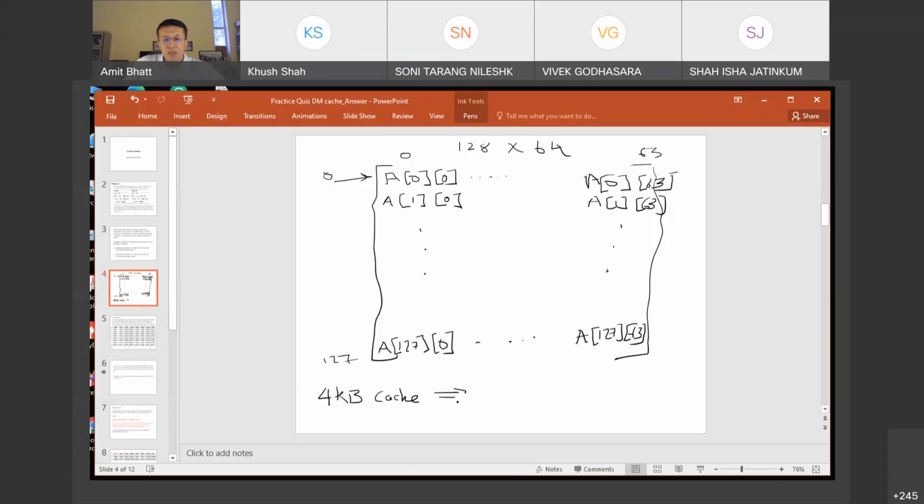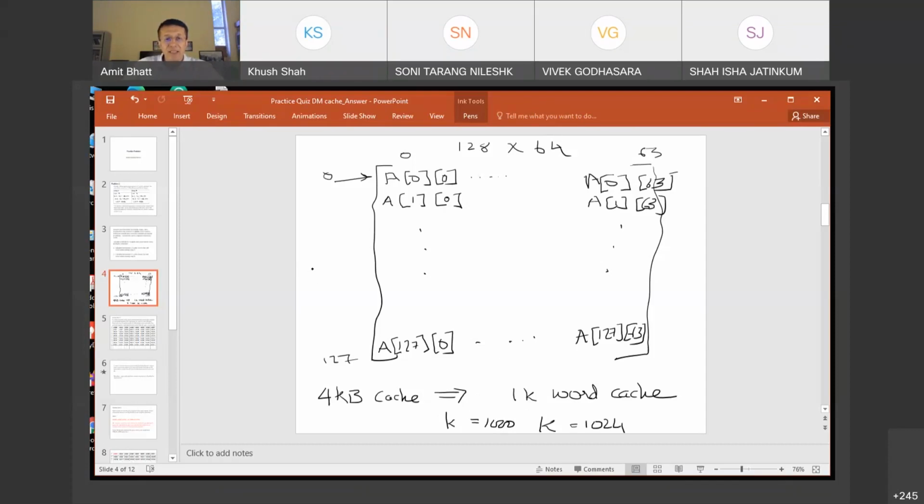So we imply that it's a 1K word cache. Now, you need to be a little careful here, because in a symbol, the IEEE committee has decided that small k in computer science would mean 1000, and capital K would mean 1024.